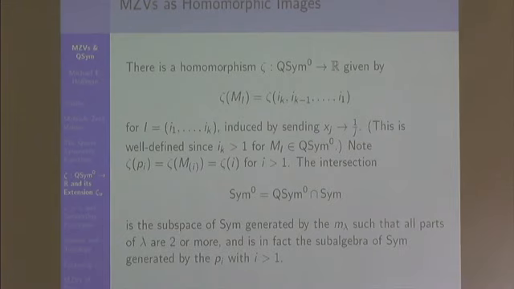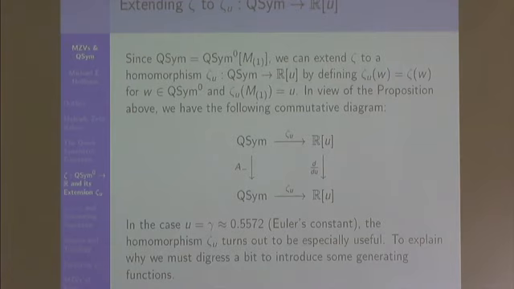Now, the thing that's nifty about this is, since I don't have M sub 1 defined, and because it's algebraically independent, I can send it anywhere I want. So I could just send it to a parameter, and so this gives me an extended map from quasi-symmetric functions to the real numbers with this parameter u, with M1 going to u.